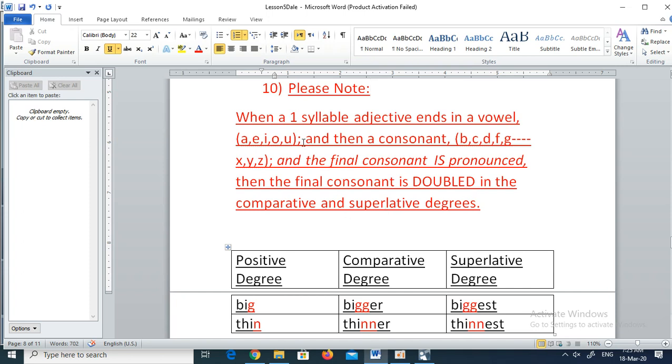Remember, the vowels are the 5 letters A, E, I, O, and U, and the consonants are the other 21 letters.